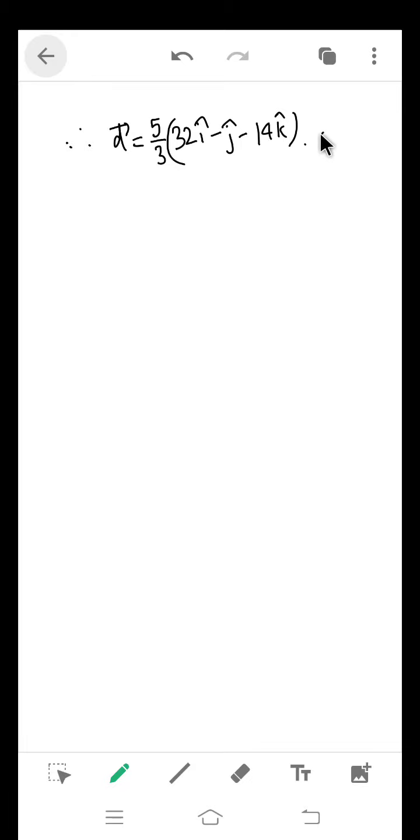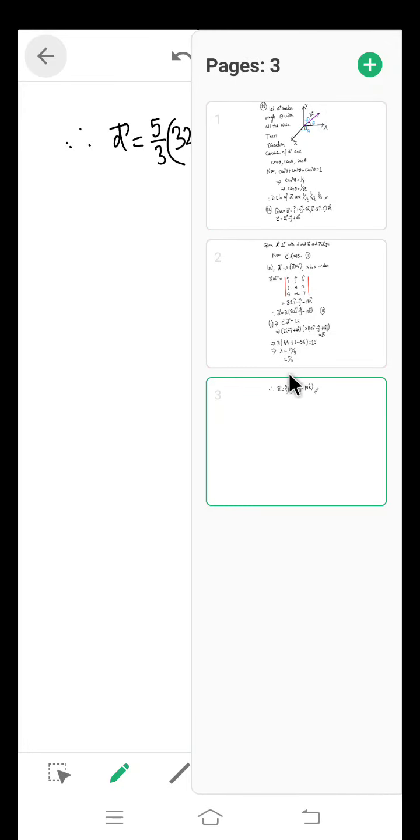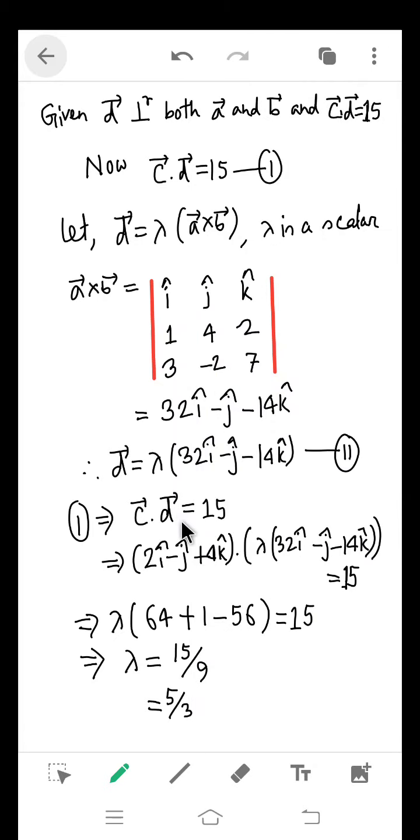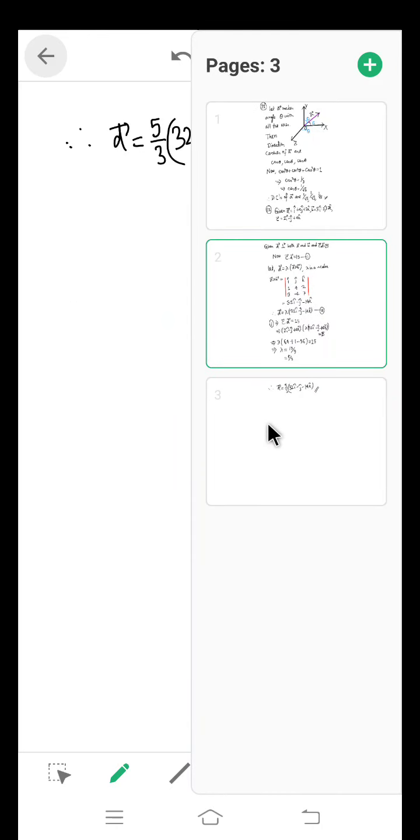So I think this is the answer. Let me check again whether it is correct or not. 5/3 has come, so now this is the correct one. So you have got the answer for question number 12.